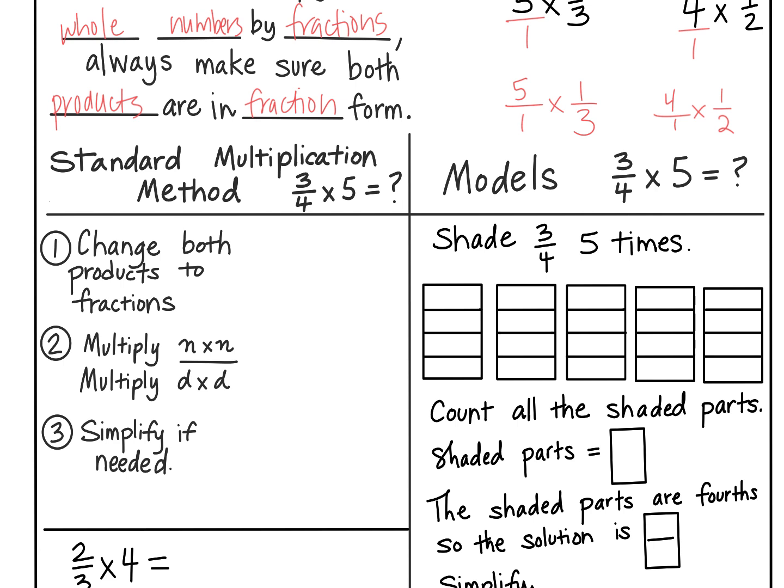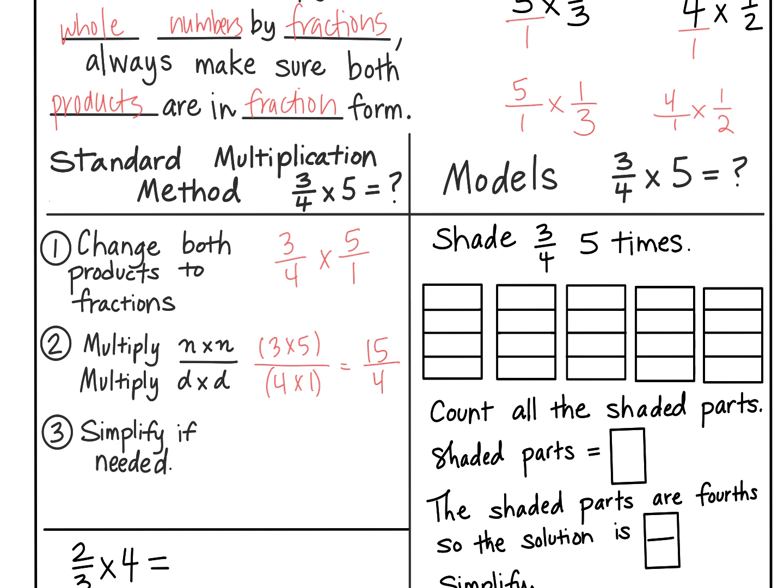So we're just going to copy down this problem, 3/4 times 5/1, because I want to make sure that 5 whole number is written as a fraction. Then I'm going to multiply straight across. So I'm doing 3 times 5, which is equal to 15. And then my denominators were 4 and 1, so I'm just doing 4 times 1 to get 4.